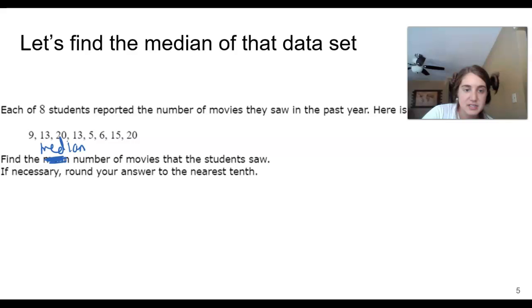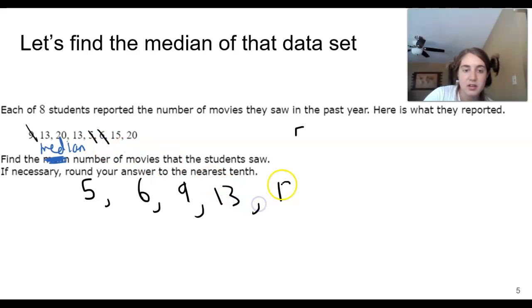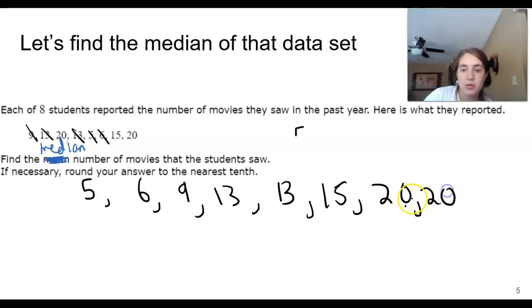So we're going to use this same data set and we're going to talk about what the middle number, or the median, would be. So I can go ahead and put this data in order: 5, 6, 9, 13, 13, 15, 20, 20.